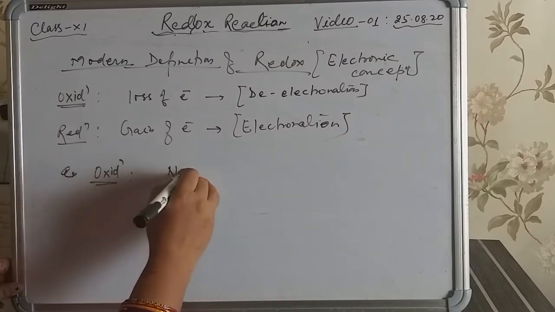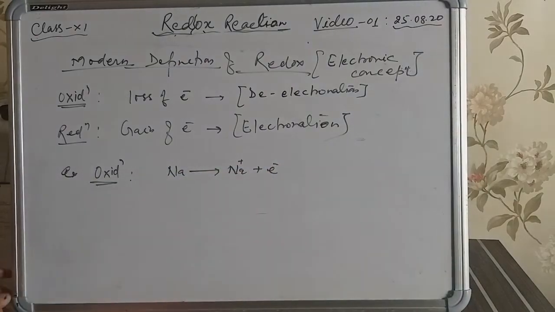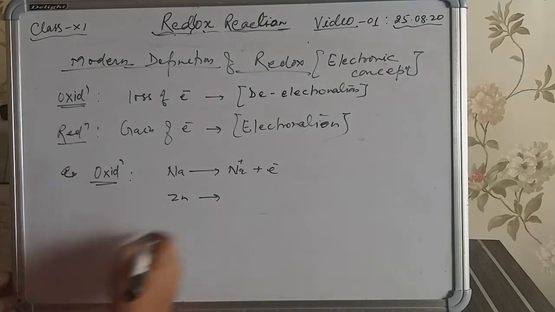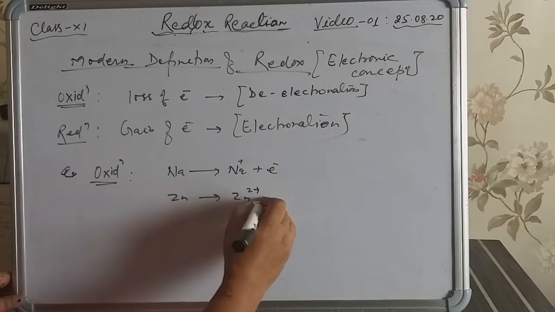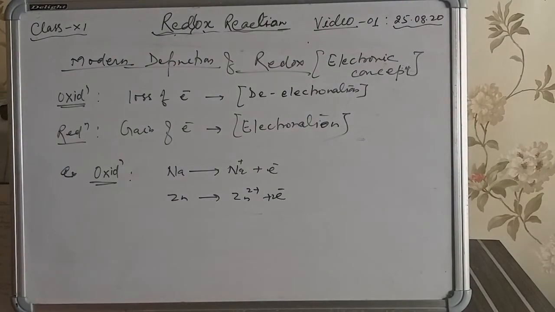Sodium, when it loses electron, undergoes oxidation. Zinc, we know that metal has a tendency to lose electron, so oxidation of this metal takes place.